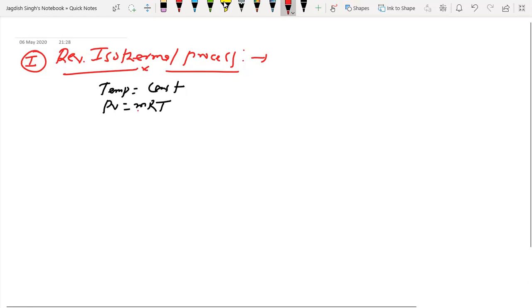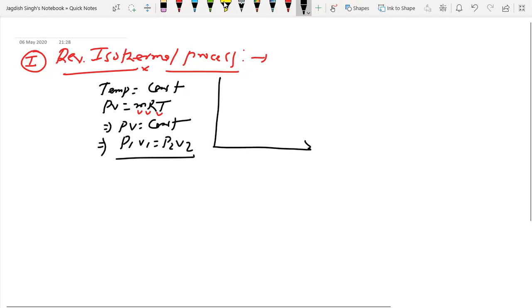Therefore, for fixed mass, gas constant and temperature, we can write that PV is equal to constant. So for this process, the guiding equation is P1V1 is equal to P2V2. And if we plot this process on the PV plot, PV is equal to constant.